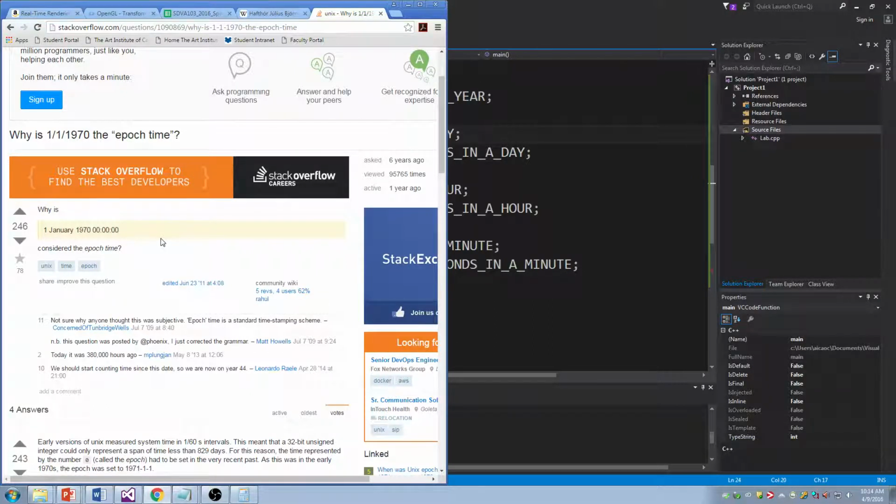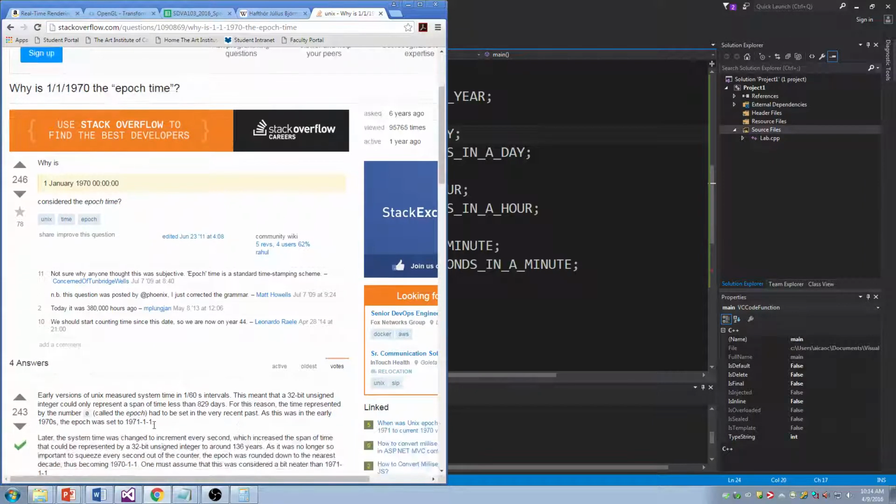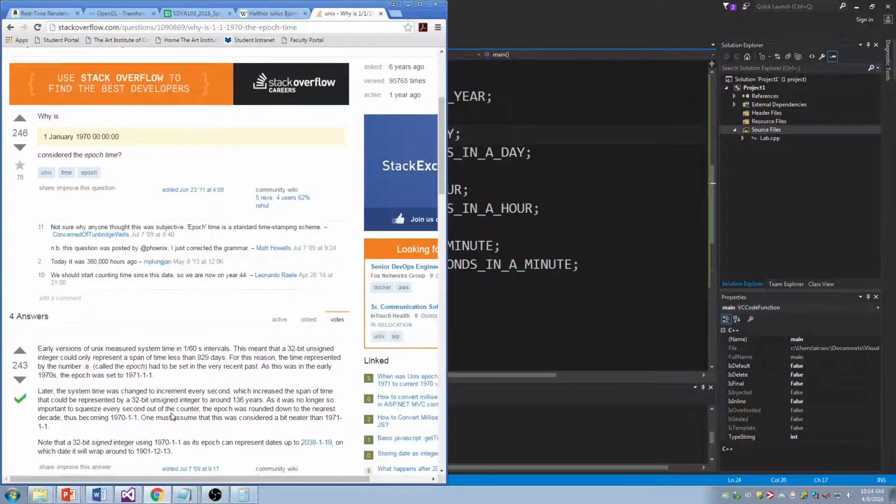It's basically the earliest representation of time that they had for computers. You couldn't represent time for very long, so they didn't have enough memory to represent it. They had to pick a starting point for this time, and 1970 was close enough that it could represent most of the time they're working with without having to go all the way back to the year 0.